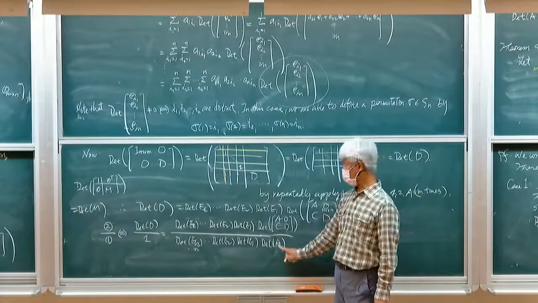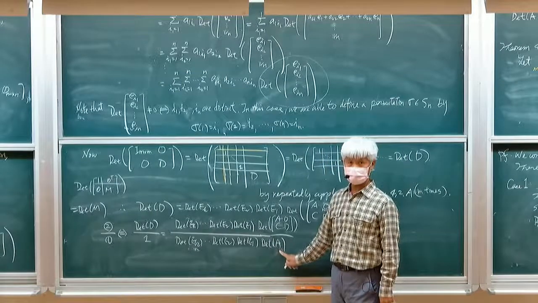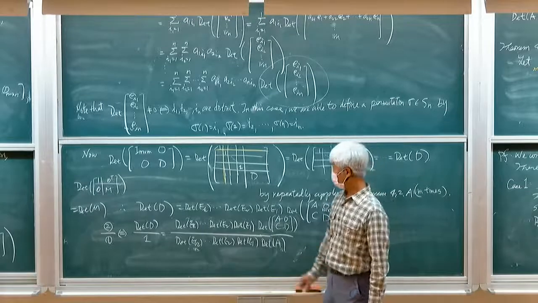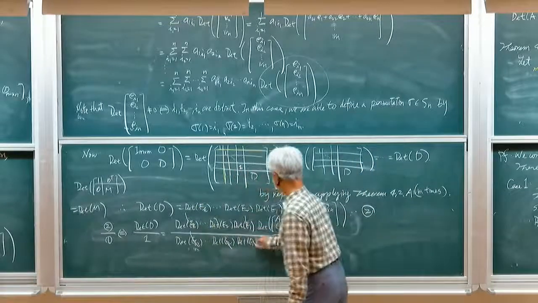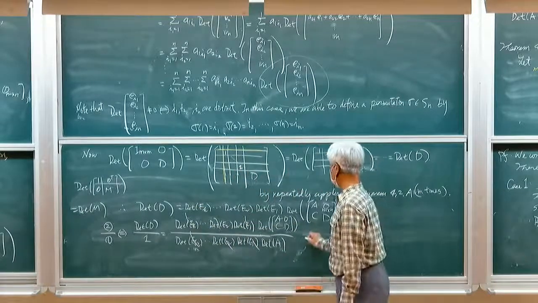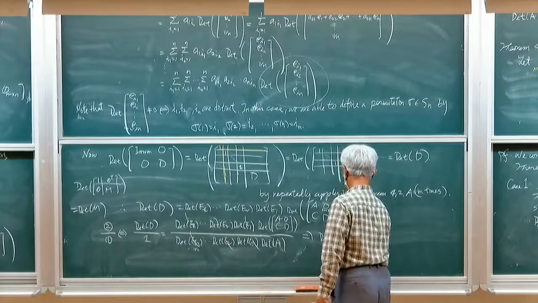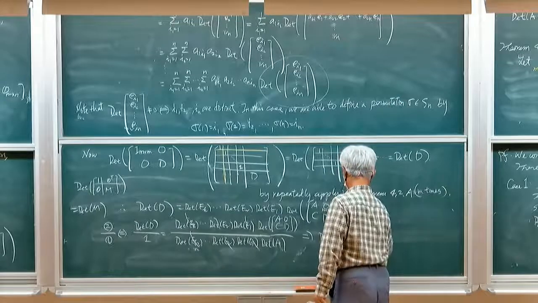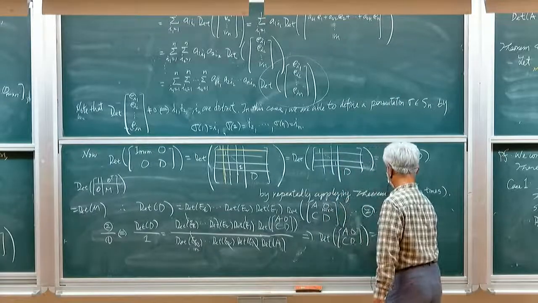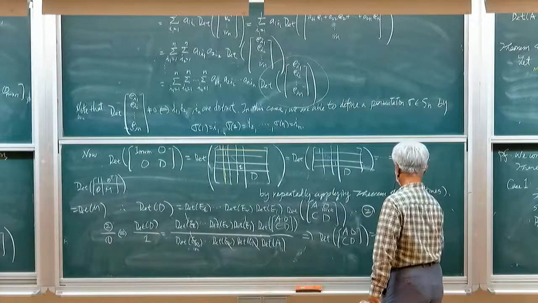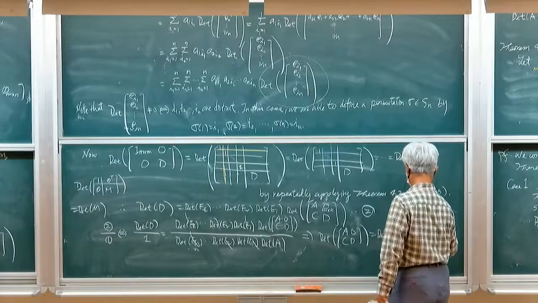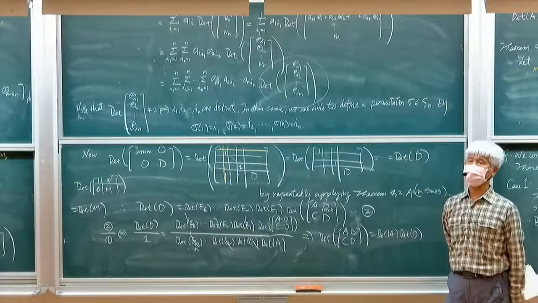Why? Because this is non-zero, since A is invertible. So you can cancel them, and the final result is that the determinant of A, 0, C, D is equal to the determinant of A times the determinant of D. Okay, and we're done.